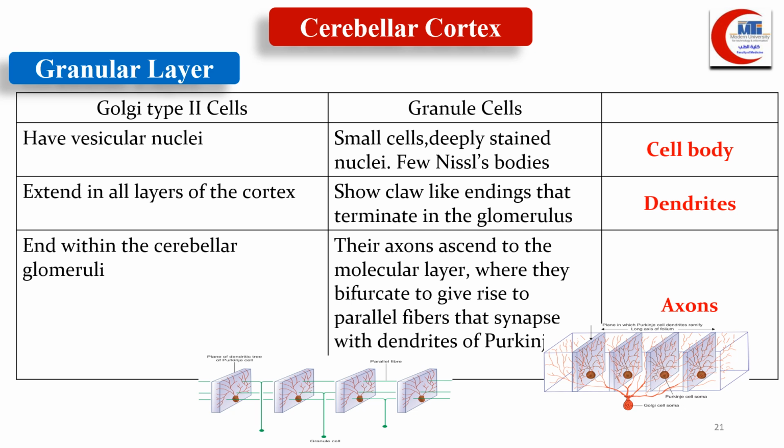As regards the axon, the granule cell axon ascends in the molecular layer, then bifurcates, then passes as parallel fibers to synapse with dendrites of what? Of the Purkinje cell. Meanwhile, the axon of Golgi type 2 ends within the cerebellar glomerulus, cerebellar glomeruli or cerebellar island.